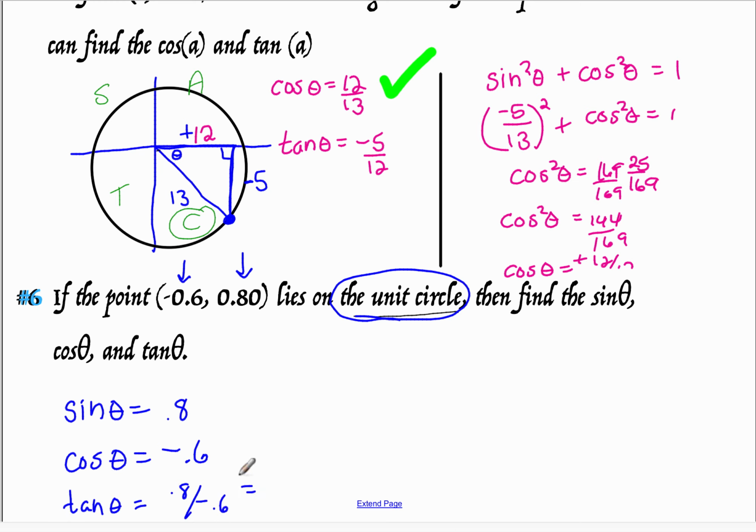So that is going to be negative 8 over 6, after I move the decimal to make this easy, negative 4/3. Now guess what? You're going, whoa, whoa, whoa. Tangent can be greater than 1? Yes, it can. We're going to look at that tomorrow a little closer in class.